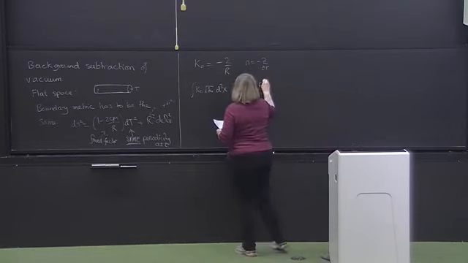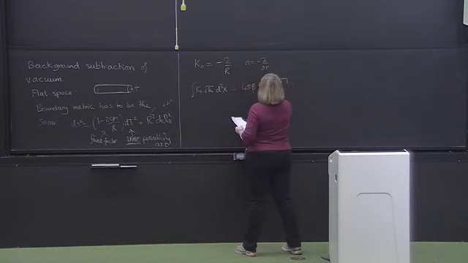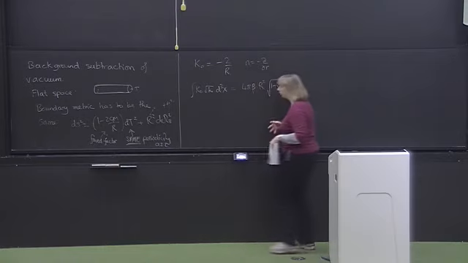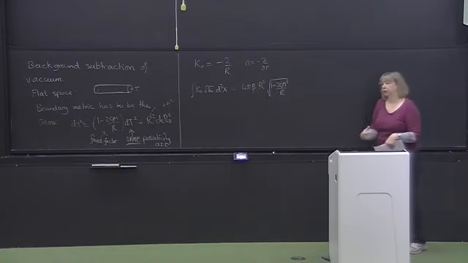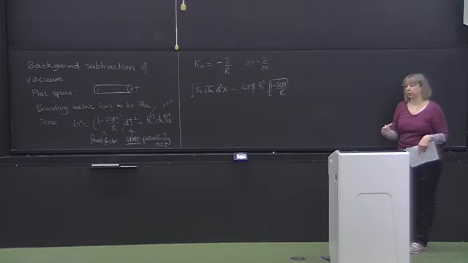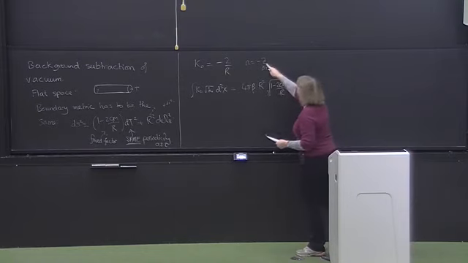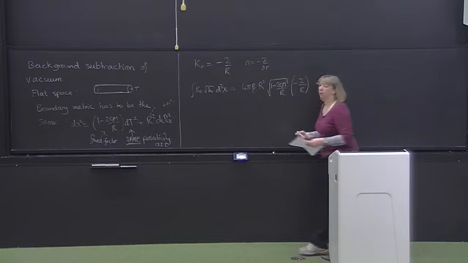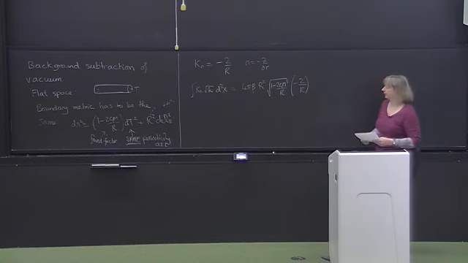And I've still got the same root h factor because I've matched our boundary manifolds, so I really should have the same root h. But what changes is K, which is now just the geometric flat space extrinsic curvature of minus 2 on r.